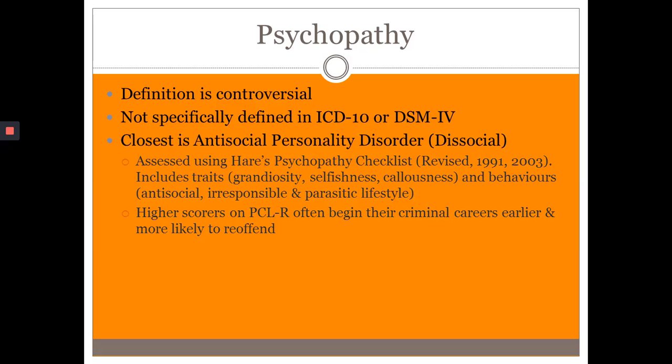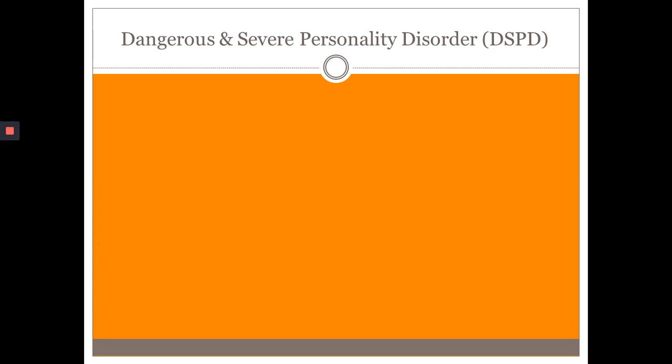Opinions differ. There's also dangerous and severe personality disorder, DSPD, which is used not as a psychiatric label but as what's termed an administrative label in prisons or secure hospitals, to effectively say this particular inmate in a prison or this patient in a hospital is extremely dangerous and has a severe personality disorder.